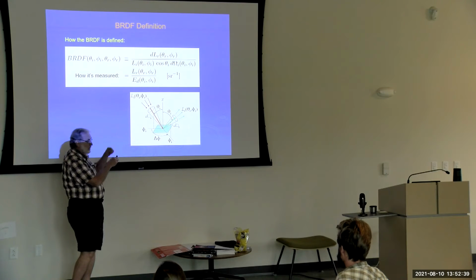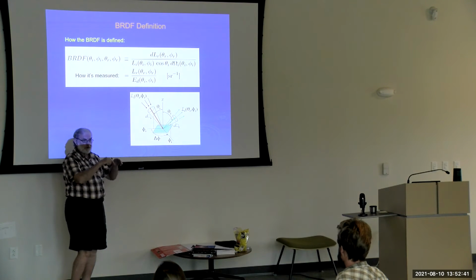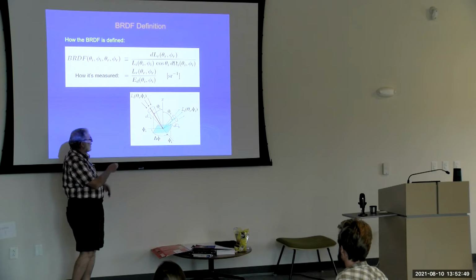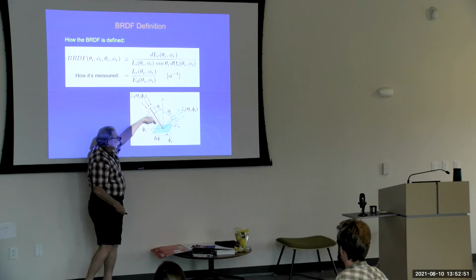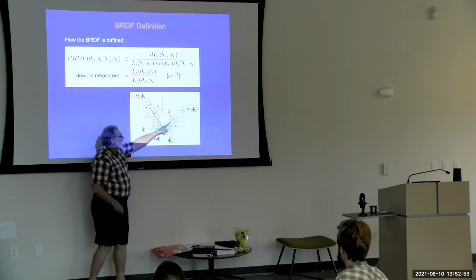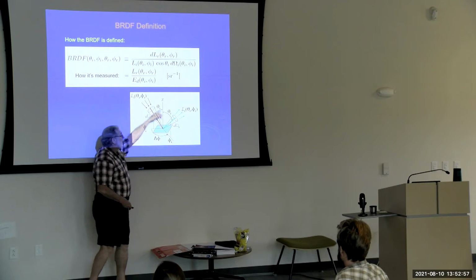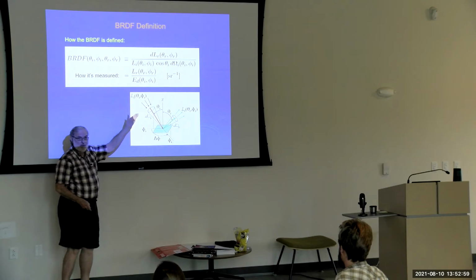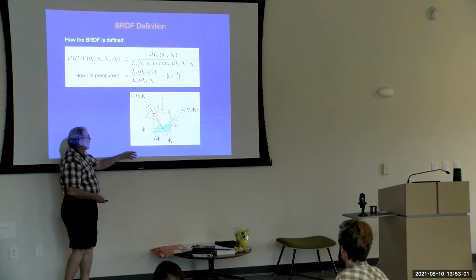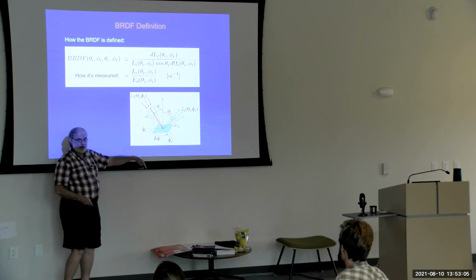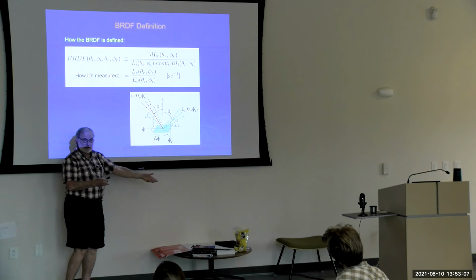And then if you took all the incident directions, you would get the kind of E_d you measure when you go outside. So anyway, it's just take the incident irradiance E_d onto the surface from light in a particular direction and look at the radiance that's reflected into some other direction, and that ratio is then the BRDF. And then, of course, this thing is a function of all incident directions and all reflected directions.